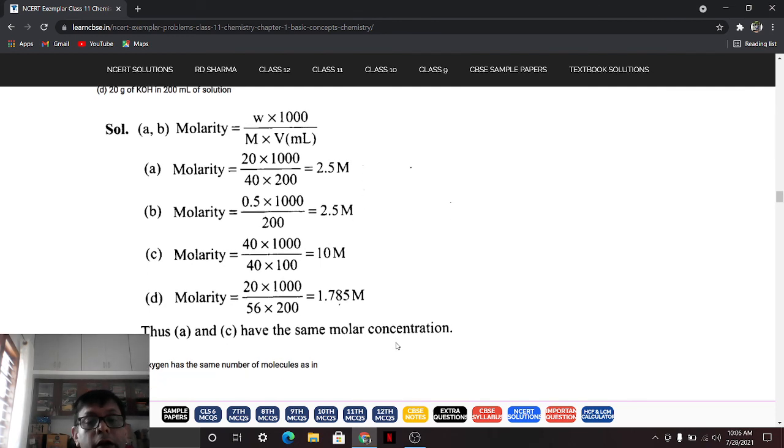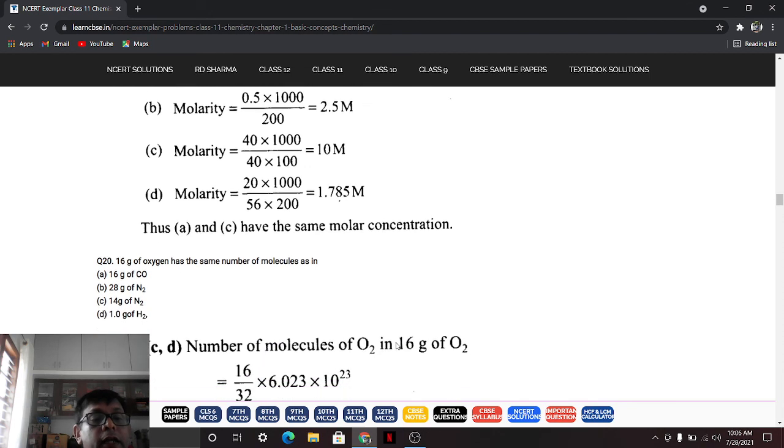60 gram of oxygen has the same number of molecules as in 16 gram of carbon monoxide, 28 gram of nitrogen, 14 gram of nitrogen and 1.0 gram of hydrogen.